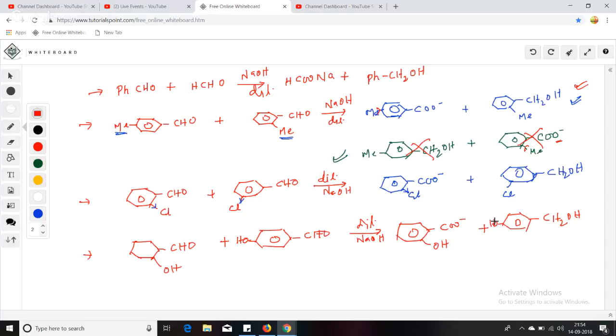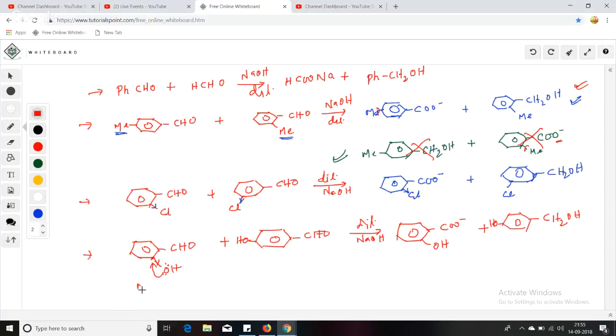Okay, now why this? Now the reason here is what? This OH group shows minus I and plus R both effects, because this oxygen has a lone pair on it. Because of carbon-oxygen electronegativity it shows minus I also, and plus R also, it shows both effects.